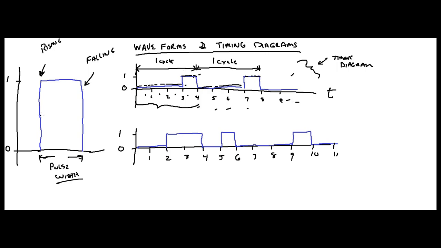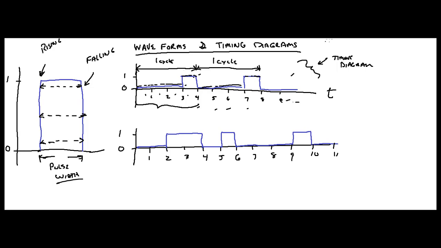For example, they might want you to measure it right here in the middle. They might want you to measure it at 90%, which is very close to the top. They may want you to measure it down here. When I say they, it depends on what you're doing and how you're supposed to measure it. So if someone asks you to measure a pulse width, you need to inquire, well, where would you like me to measure it? Because that can make a difference.